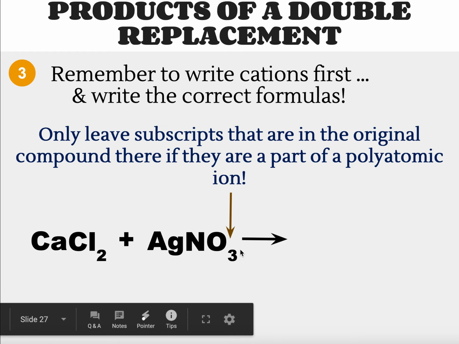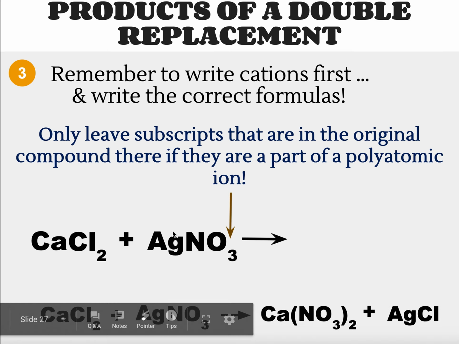Important note here is that sometimes we carry over subscripts and sometimes we don't. For example, the 3 we carry over because that's a part of the polyatomic ion nitrate. But the 2 on the Cl doesn't get carried over because the 2 is only there to balance out the charges.